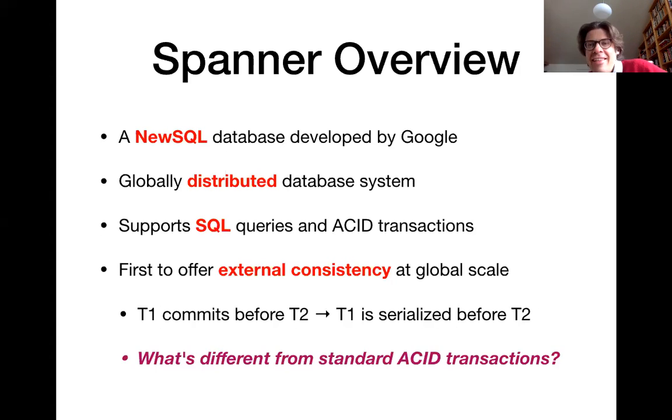Very good. Yes, exactly. For the traditional serializability that we have seen, there's no particular dependency on the order in which transactions are submitted or committed.